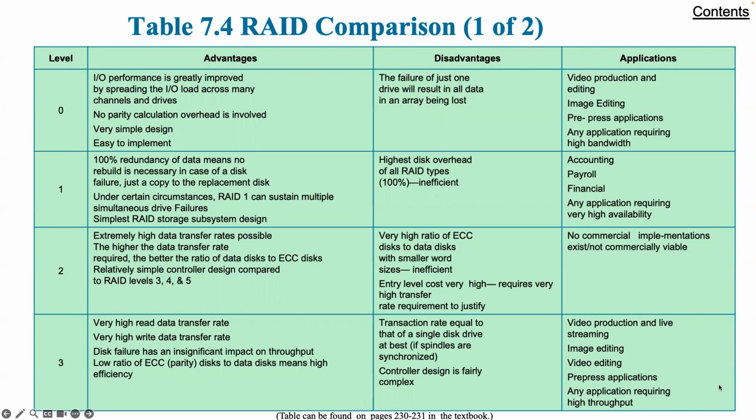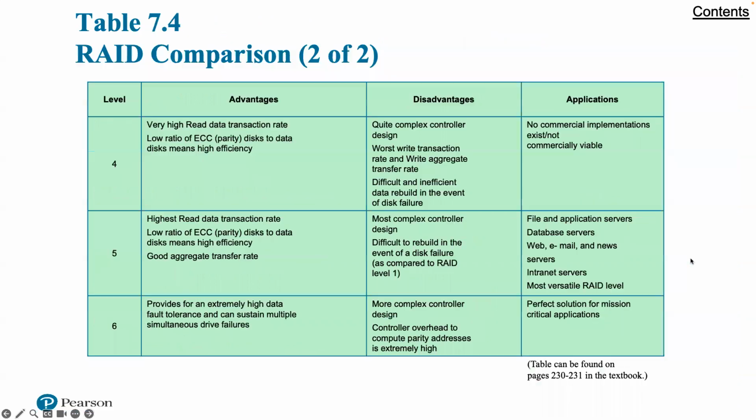Video production and editing, that's RAID 0, RAID 1, accounting, payroll. Those are some examples where those are popular. And then for 5 and 6, this can be file and application servers for 5, and a perfect solution for mission critical applications. So this is like take it to the bank. Don't ever want to lose your data. That would be a good option, but it's going to be expensive.